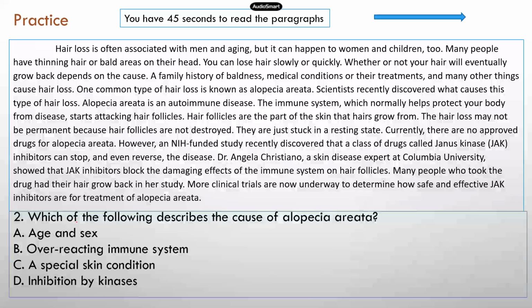So this is about extracting information from the passage, right? Question 2 asks about the cause of this particular hair loss condition. So what is the cause? It's an autoimmune disease, right? And this should be pretty familiar to those who have taken an anatomy and physiology class, because when we talk about the immune system, we would mention several autoimmune diseases.